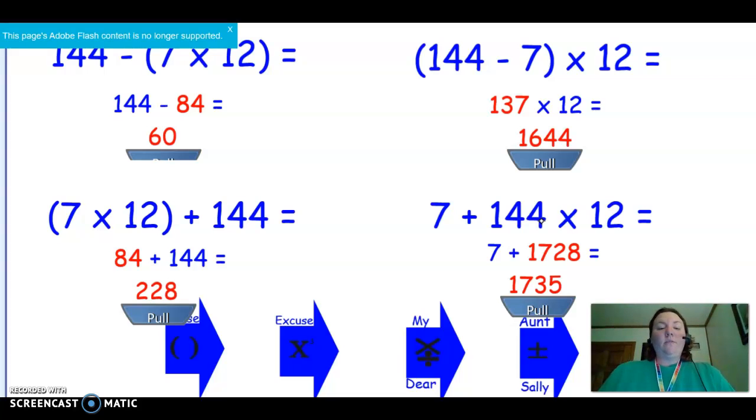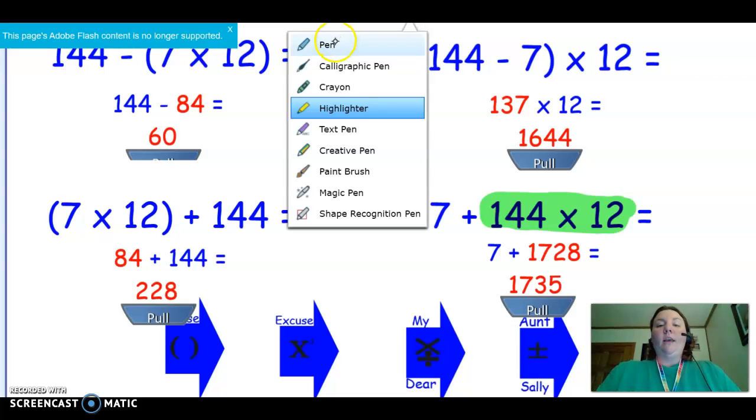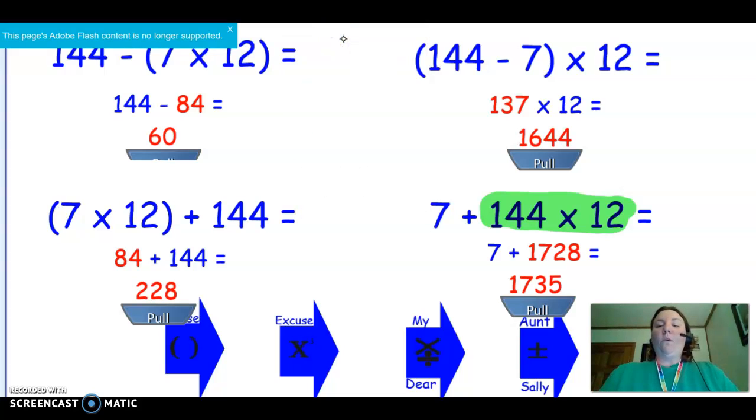And yet you can see we get very different answers depending on where we put parentheses and what order we use those numbers and those multiplications in. Now, I want to point out in this 4th example that even though there's no parentheses, we had to do the 144 times 12 first because that's multiplication, and multiplication comes before adding.